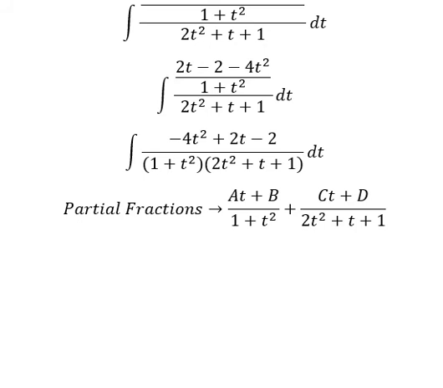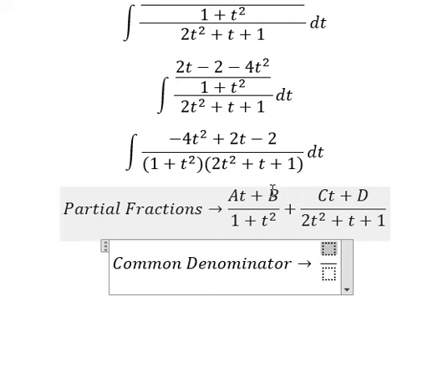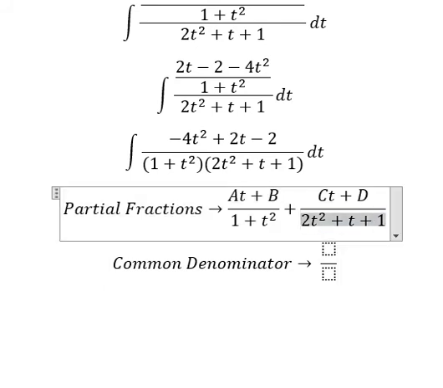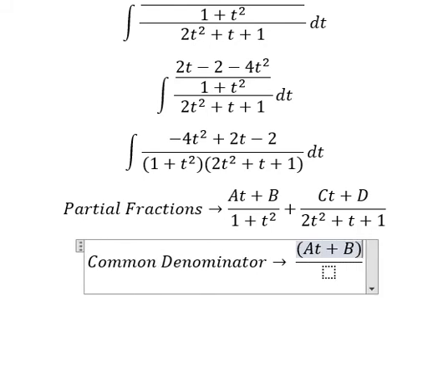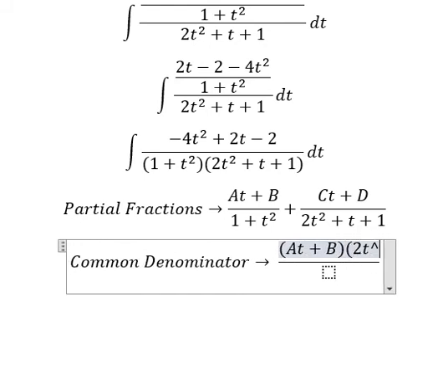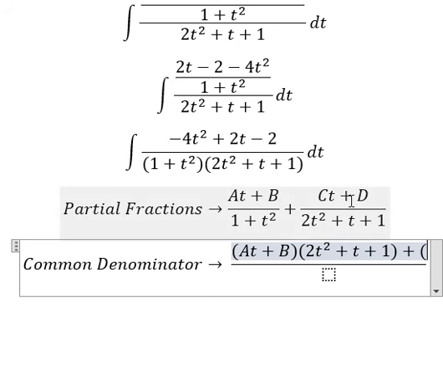So we do common denominator. So we have at plus b multiplied by this one. So we get at plus b multiplied by 2t squared plus t plus 1. And the next one ct plus d multiplied by 1 plus t squared.